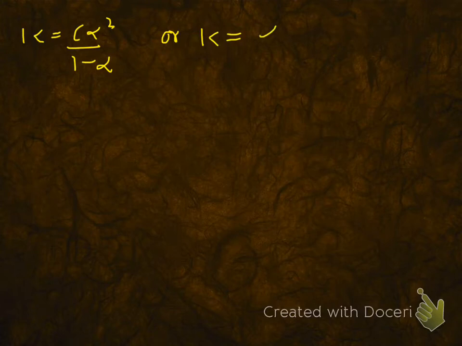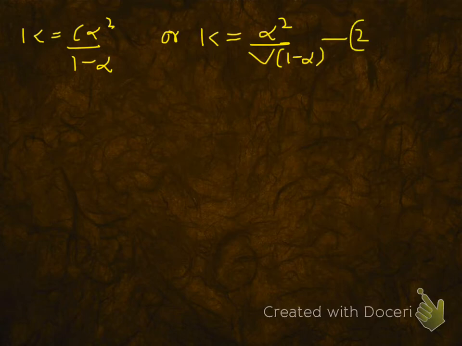The relation we have obtained in the last slide is K equals C alpha square by 1 minus alpha, or K equals alpha square by V into 1 minus alpha. These are two relations which we have obtained from the previous discussions.